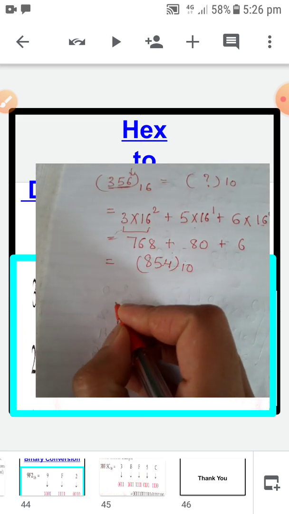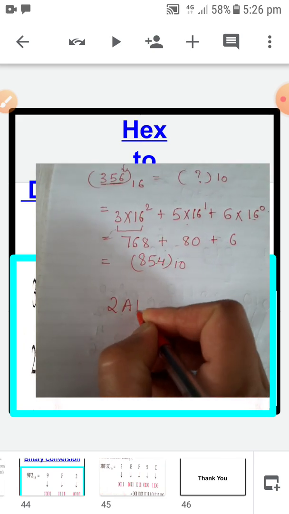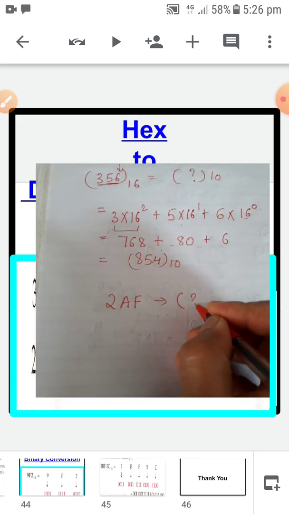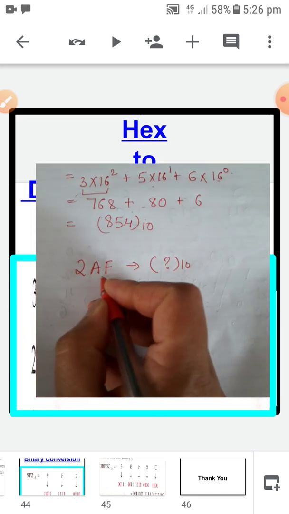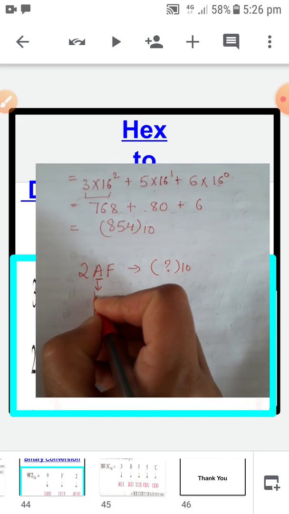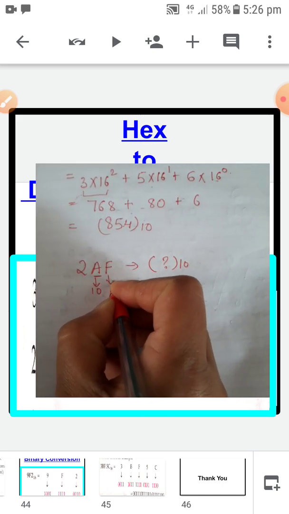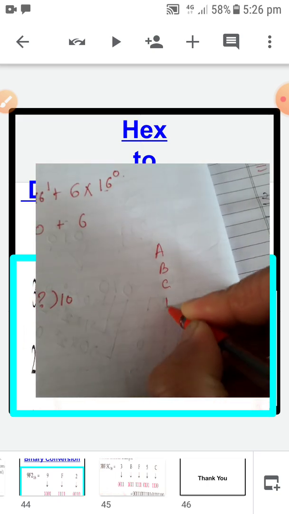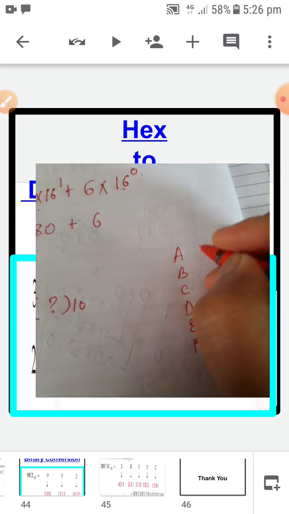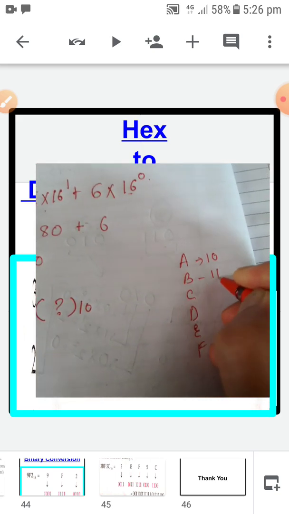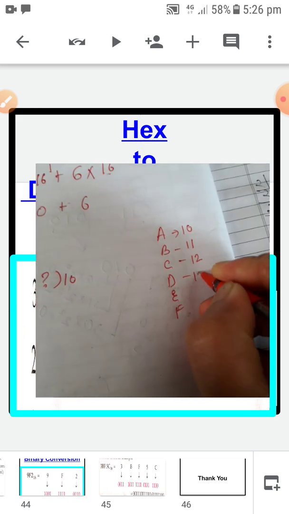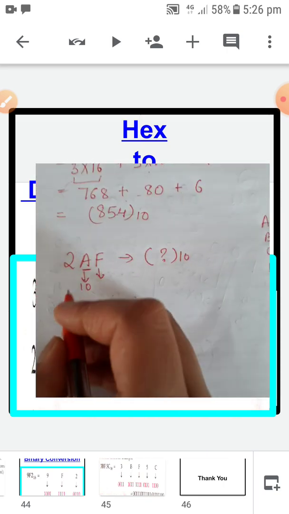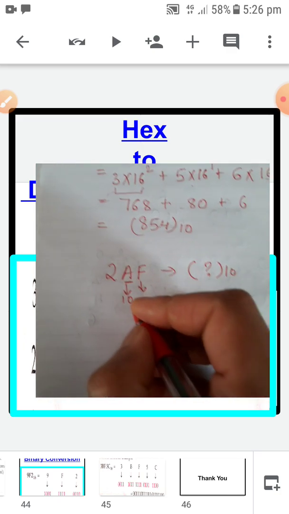Next example, we have 2A5. We have to convert it again into decimal form. So let's see what A means, A, B, C, D, E, F. A means 10, B means 11, then C 12, 13, 14, then F means 15.